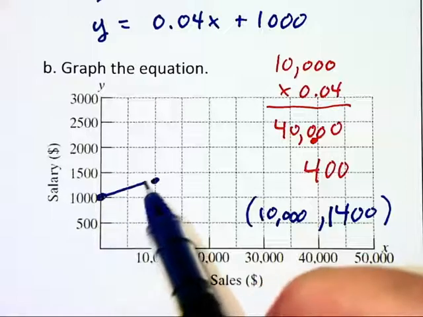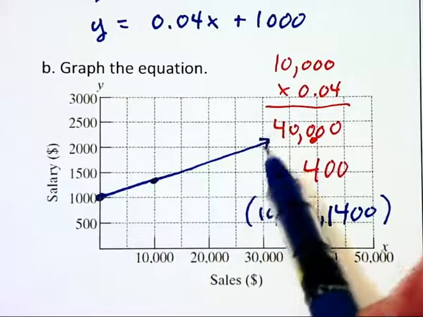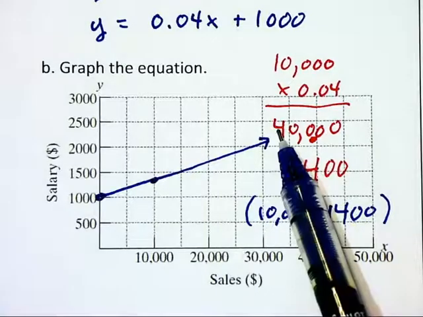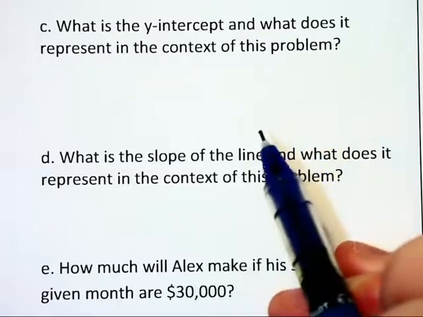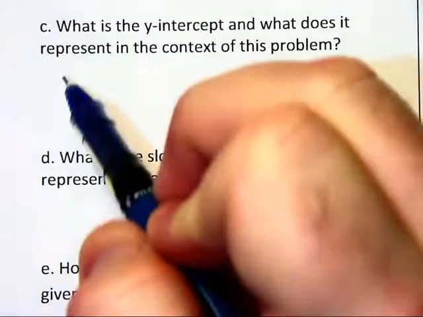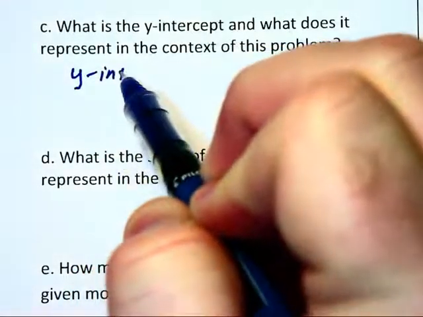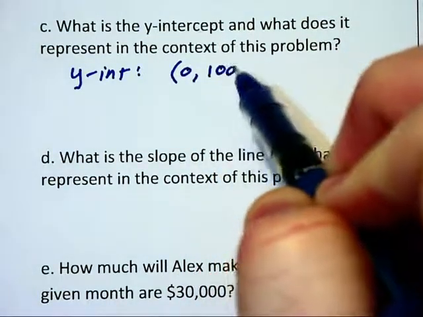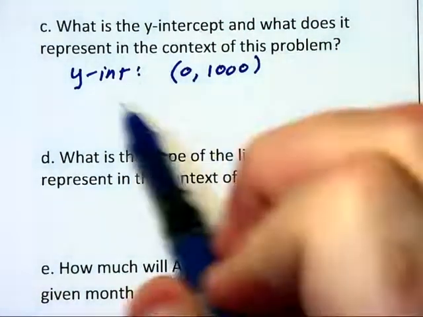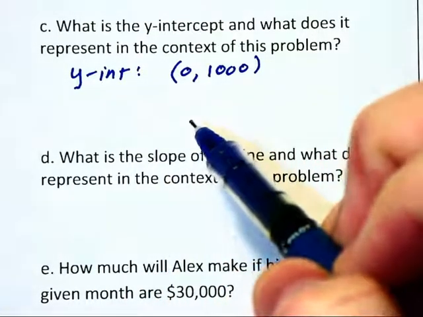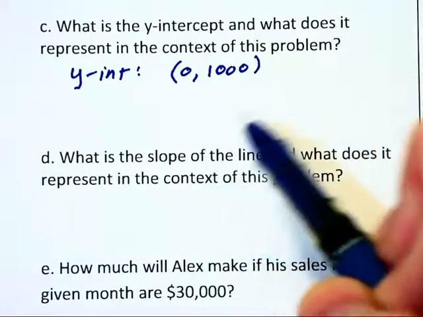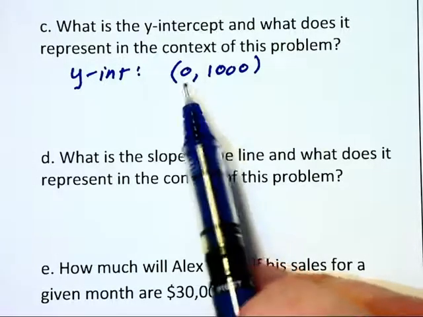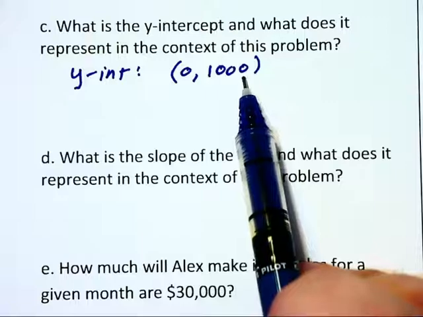And we can see that this graph is rising, and that makes sense because as you have more sales, the salary is going to go up. What is the y-intercept of the graph? Well, we've already stated that the y-intercept is going to be 0, 1,000. And what does that mean? Well, we want in context to describe both a rise, well, not a rise and a run, that would be the slope. We want to describe both the 0 and the 1,000.